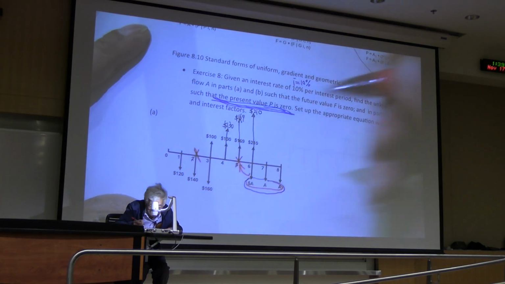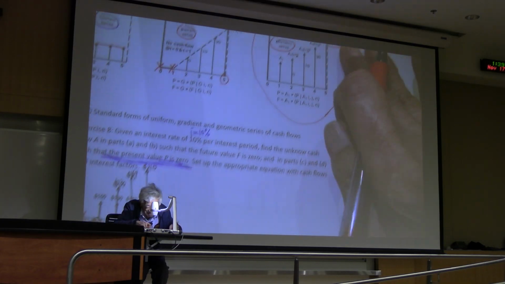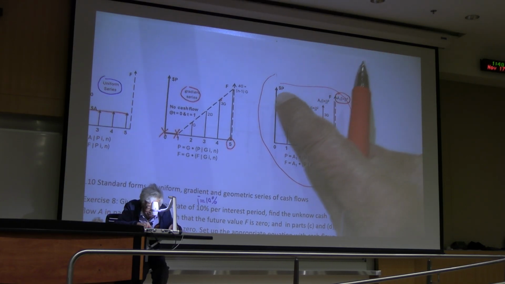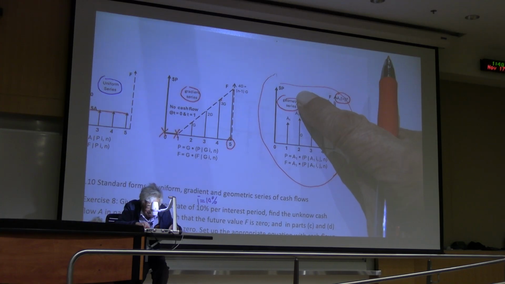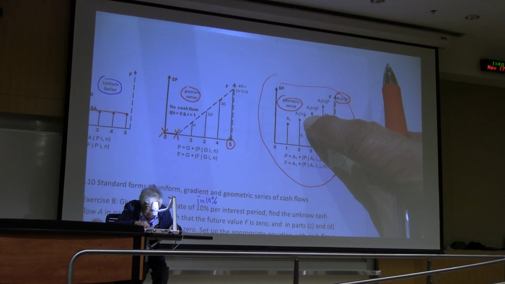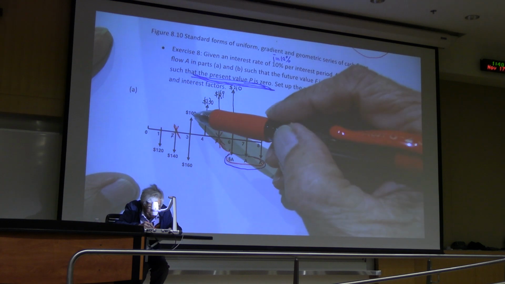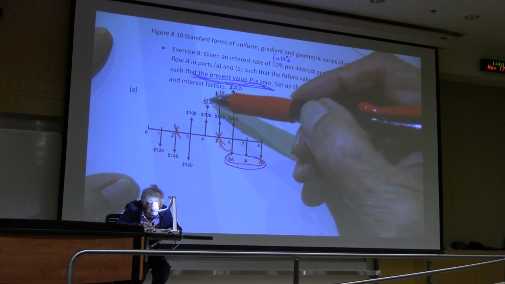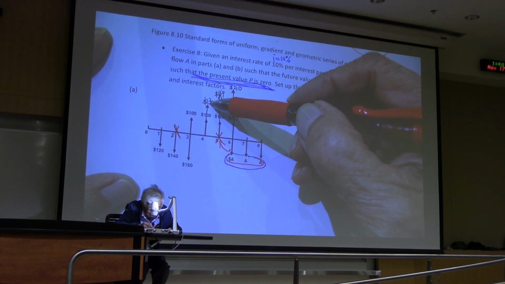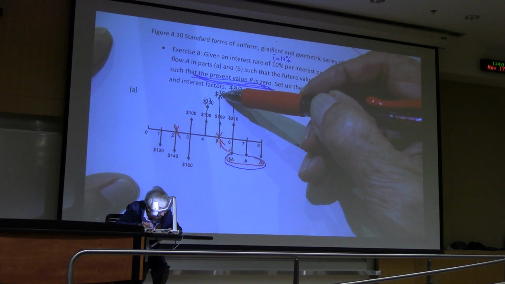This, in fact, is very close to a geometric series with growth rate 30%. Why? 100 times 1.3 is 130. 130 times 1.3 is 169.